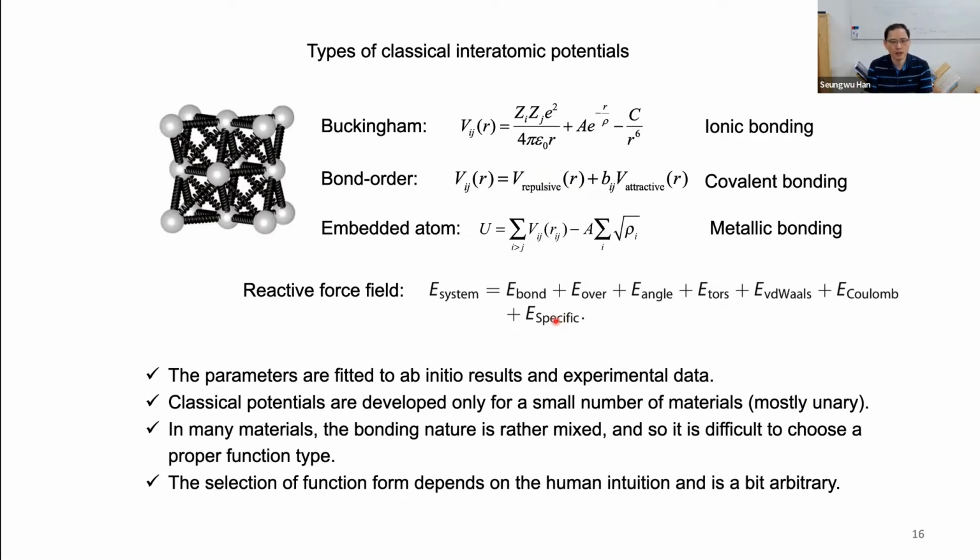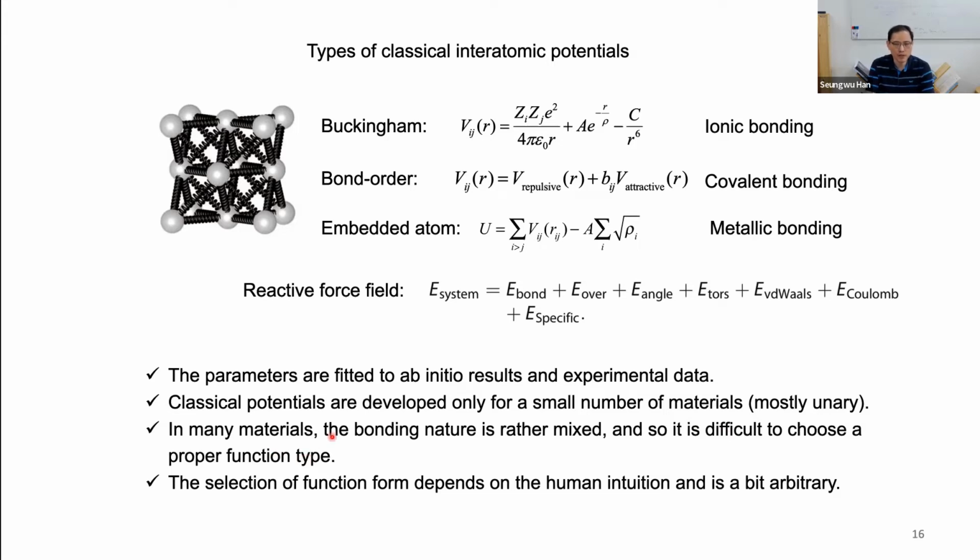Okay, and furthermore, in many materials, bonding types are actually rather mixed. Not purely ionic bonding, but half ionic and half covalent. Or sometimes there are ionic, covalent, and metallic bonding types all mixed into one single material. So in that case, it is difficult to choose a proper function type.